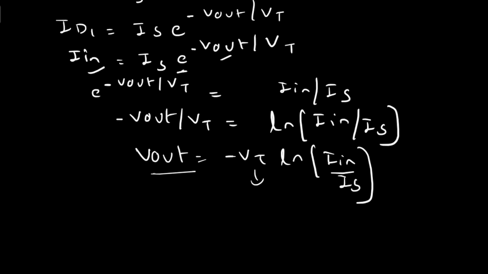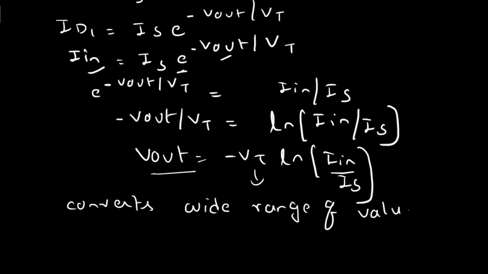The main advantage, or main application, of the logarithmic amplifier is that it can convert a wide range of values into a smaller range. So this is the major advantage.